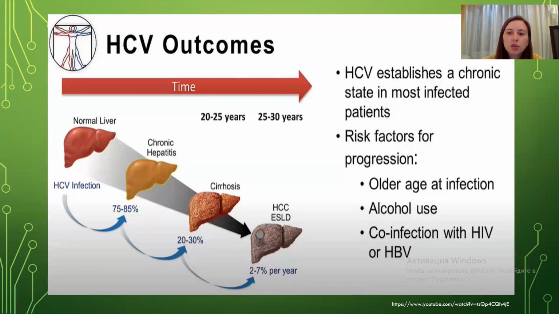Risk factors for progression: older age at infection, alcohol use, co-infection with human immunodeficiency virus or HBV, chronic hepatitis B. And progression from normal liver to carcinoma takes 25 or 30 years.